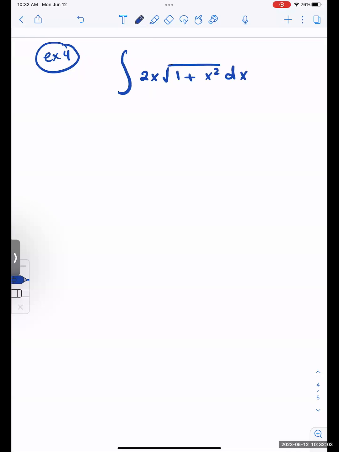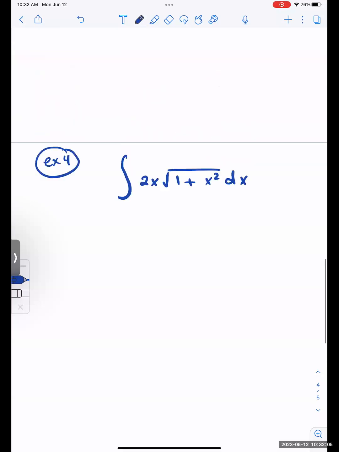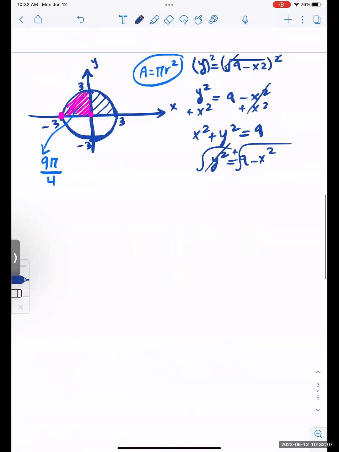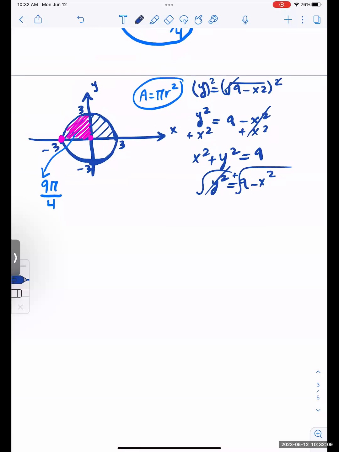So I see I had a question on the previous one. So how did I get 9 pi over 4? So what is the area of the whole circle in this case? The area of the whole circle. Pi r squared, what is r? 3.